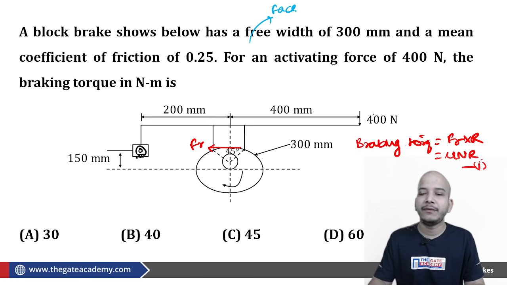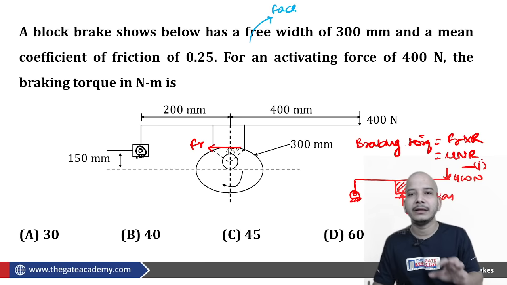So this is my 400. Okay, let's draw it separately. So this is 400 Newton. This is normal. And the direction of friction on the block lever arrangement will be this.